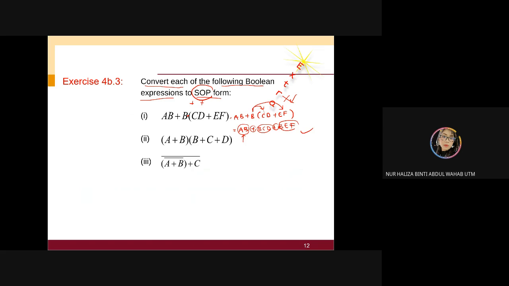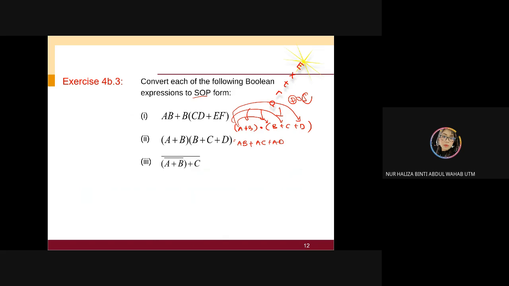After that, you can see our exercise number 2. What we have here is A plus B dot B plus C plus D. And you still remember this is your POS. Because you can see you are adding, then there is a multiplication. It is a product of sum. What you need to do is multiply it to make it an SOP. So you multiply one by one. You get AB plus AC plus AD.